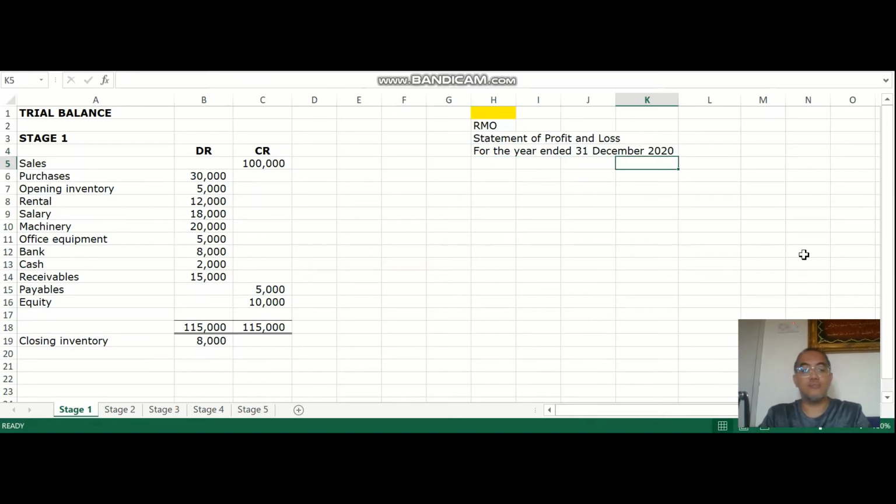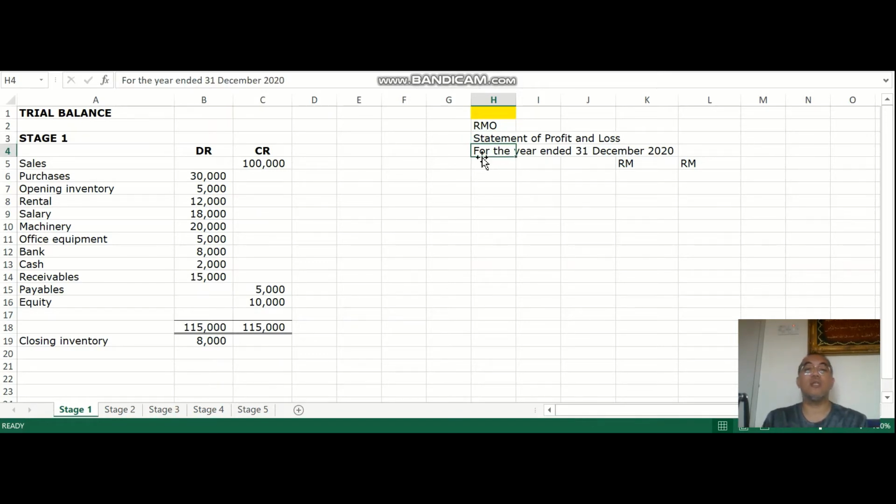Okay, so put the RM symbol. Why do you need to put this label? Because it is important, as you get marks for it during your exam. This is the name of the business, and of course the statement needs to have an owner. So RMO is the name of the business. You also state for what year or what period you are doing the statement of profit and loss. The period will be from the 1st January until 31st December.